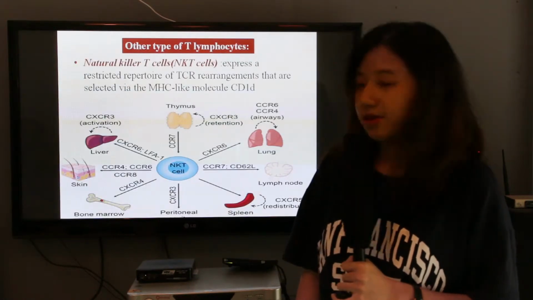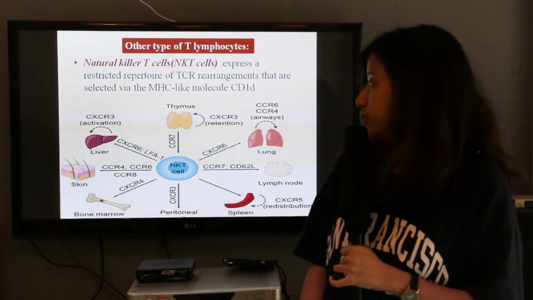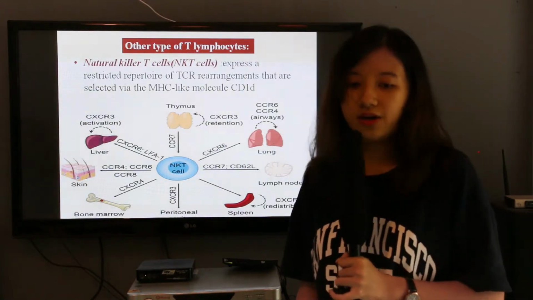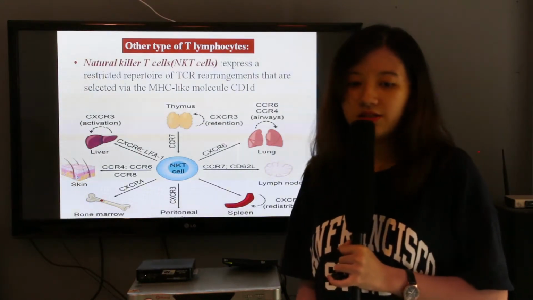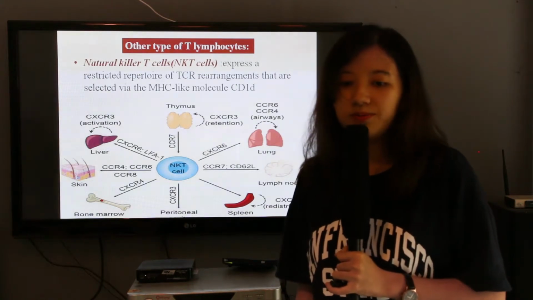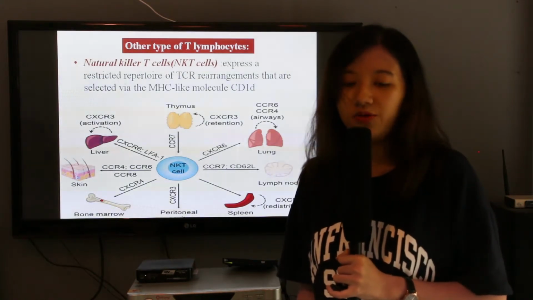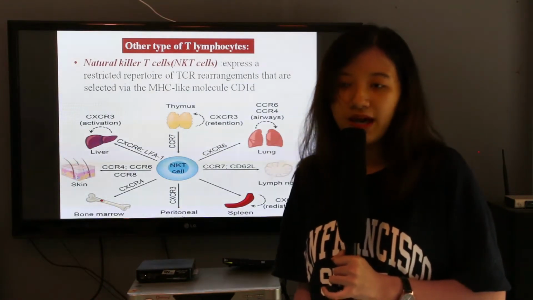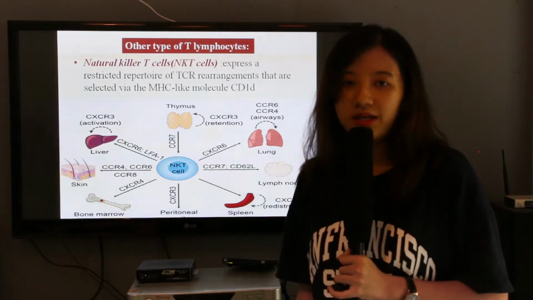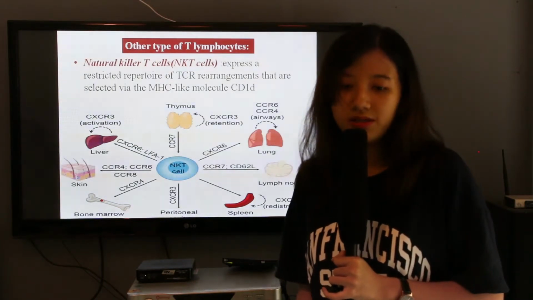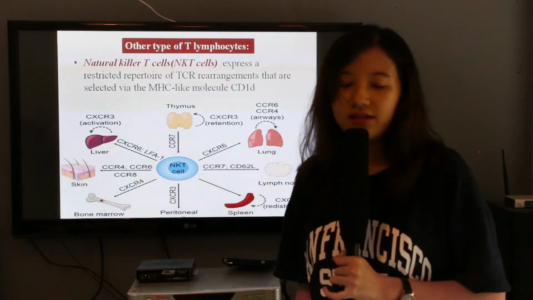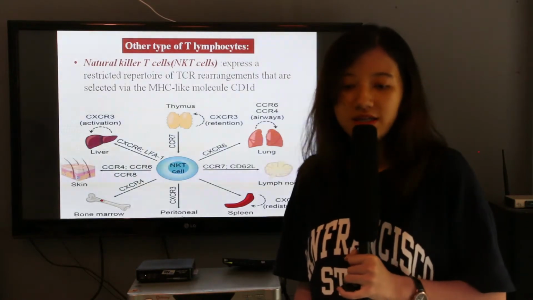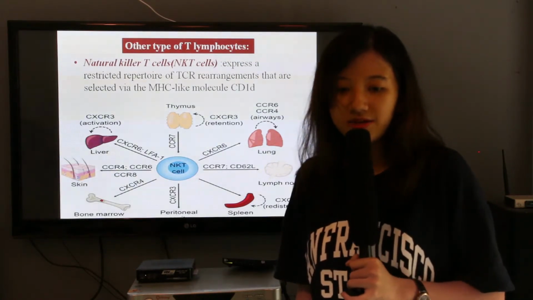And the last type is the NKT, which is called natural killer T cells. NKT cells express a restricted repertoire of TCR arrangements, and they are selected via the MHC-like molecule CD1d. NKT cells include both CD4 plus, CD4 minus, CD8 plus, and CD8 minus cells.